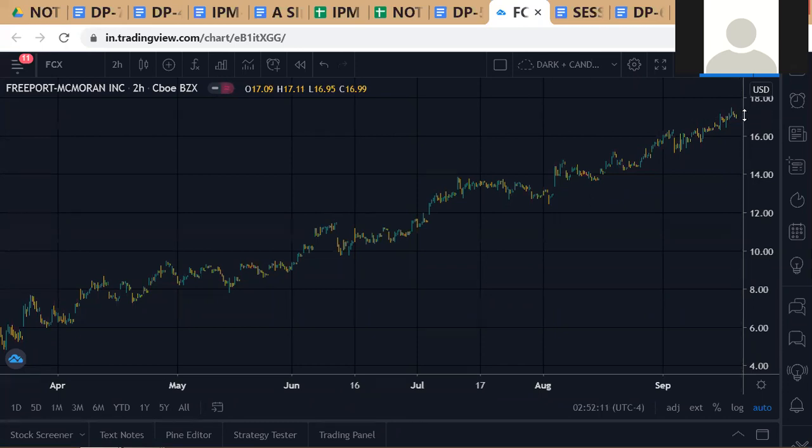If you buy it at 17, you will sell 1,700 US dollars and you will buy 100 shares of FCX. That is the transaction that is being contracted for.